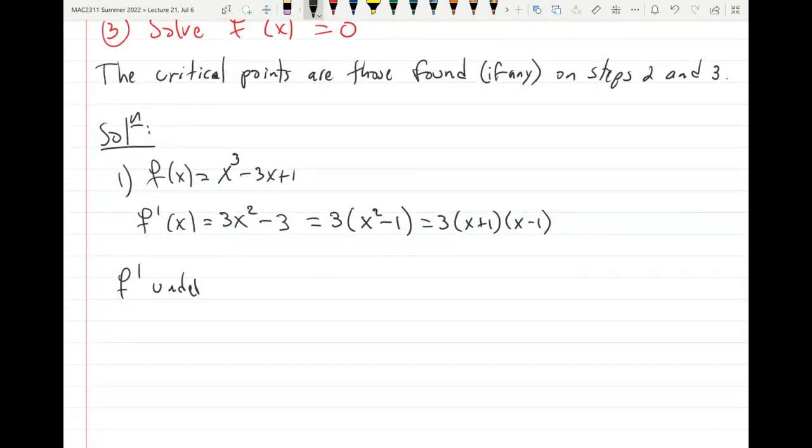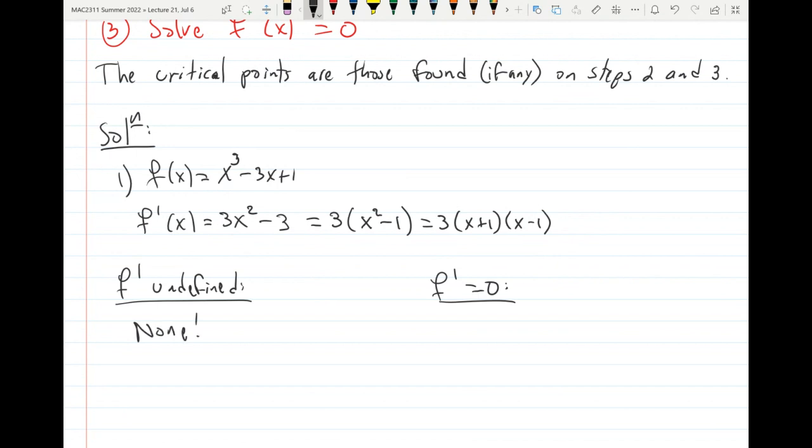So f prime undefined, and then when f prime equals 0. Is the derivative undefined anywhere? As a polynomial, the domain is all real numbers, so there is no problem. It's defined everywhere, so none.